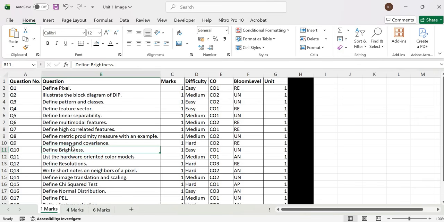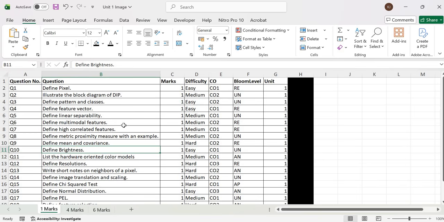So first, let us understand the 1 mark question pattern. In this section, questions are usually very short and concept based. So generally the university asks definitions, basic terminologies, small concepts, short theoretical points, and simple identification questions.